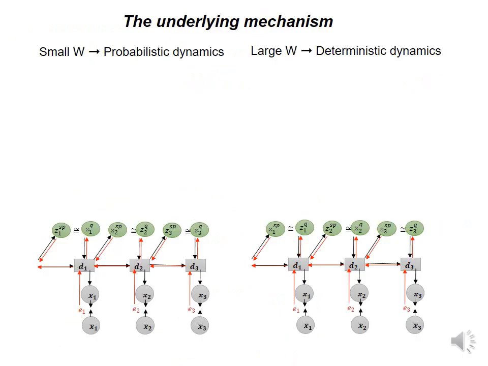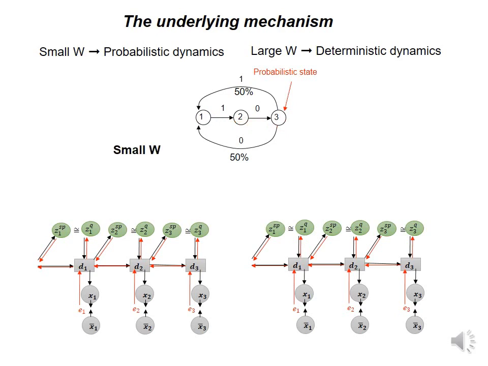Now I'd like to explain why probabilistic dynamics is developed with a small W and deterministic dynamics with a larger W. Let's think about a simple probabilistic state machine like this one. State 1 and state 2 are deterministic transitions. State 3 is a probabilistic state transition. Let's look at the small W case.